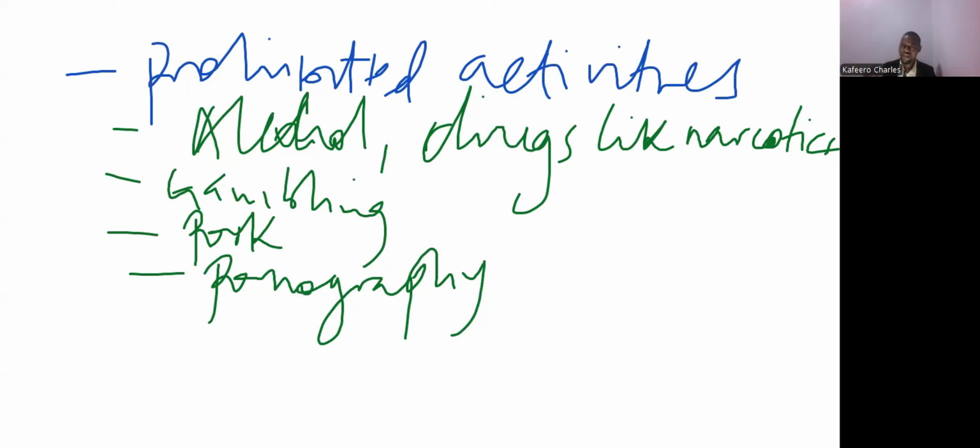These are some of the activities that are prohibited, that even if they give you the money, you are not supposed to invest the money they have given to you in those activities. So if you borrow money in any of those Islamic banks, you are not supposed to invest that money in prohibited activities.